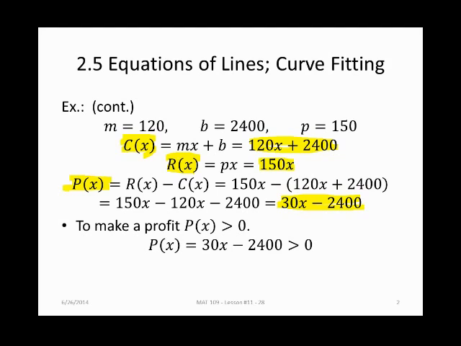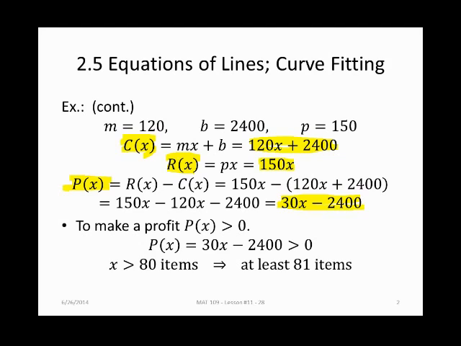If we simplify that, we get that P, the profit, is equal to 30x minus 2,400. So there are our three functions: the cost function, the revenue function, and the profit function.